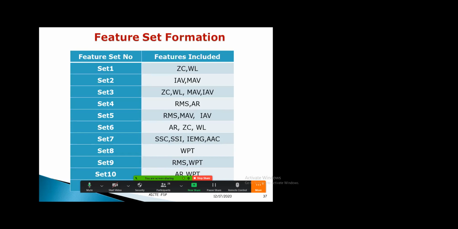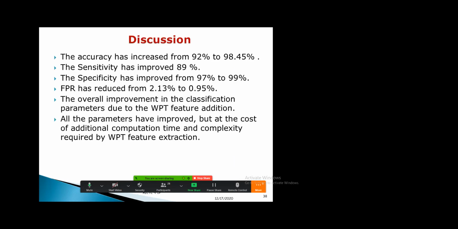So here you can see feature sets 1, 2, 3. We have combined ZC with waveform length, IAV with MAV, then RMS, then SSC. So different features have been combined together. And this wavelet packet transform feature we have kept as a separate feature, because we found that once we gave this to our classifier, there was a lot of improvement with the help of only the WPT feature addition.